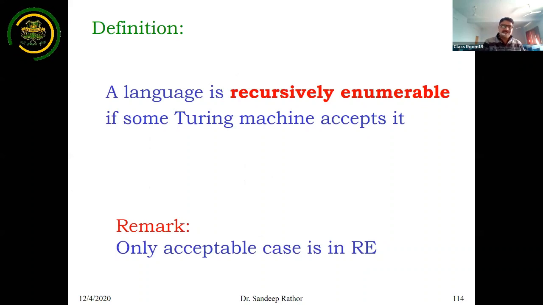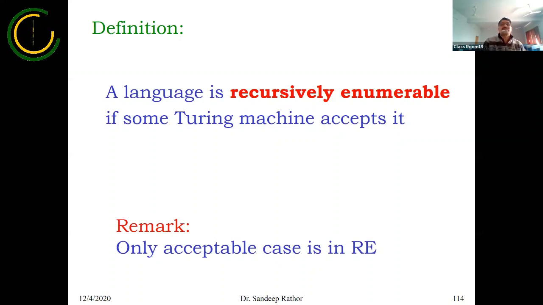By seeing this definition, you may get confused, because this is a similar kind of definition to the recursive one. A language is recursively enumerable if some Turing machine accepts it. But the main point is this: in the case of recursive, it is definitely decided whether the machine accepts the string or rejects the string, and the machine will reach the halting state. Is it clear?